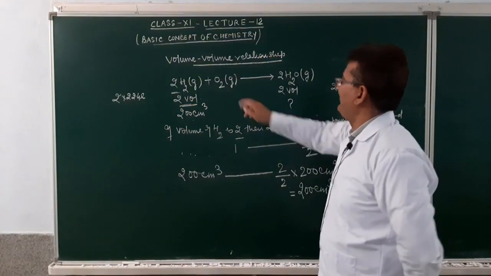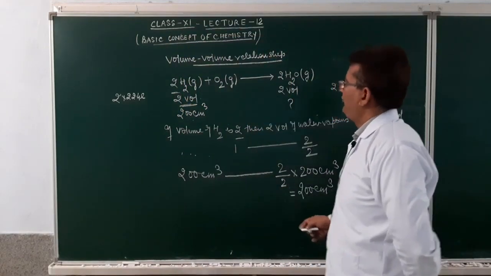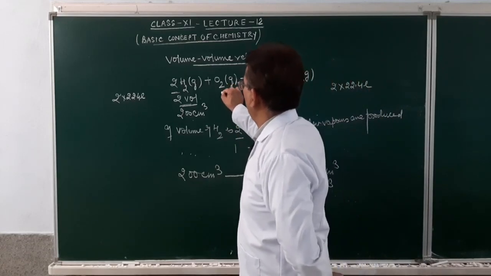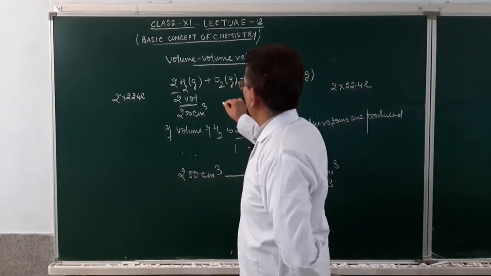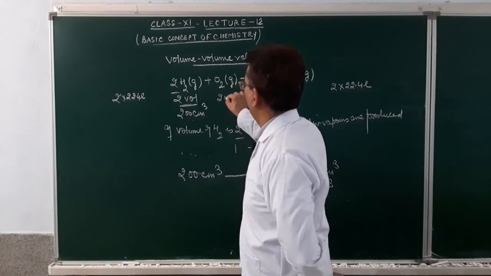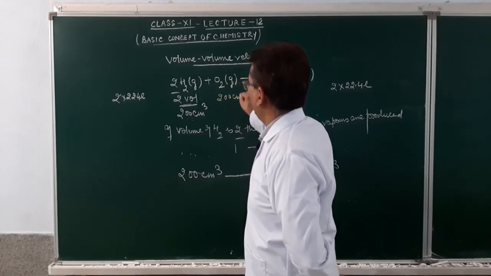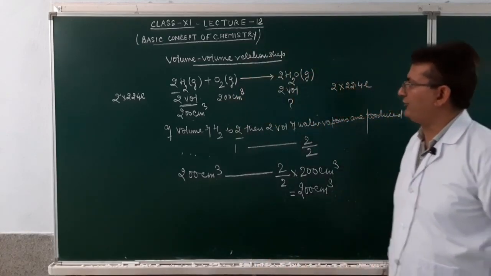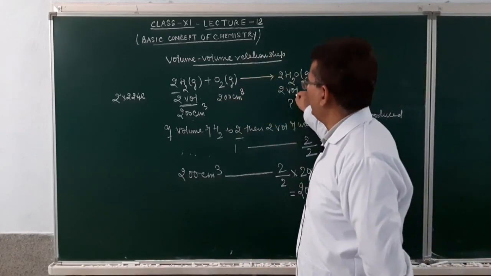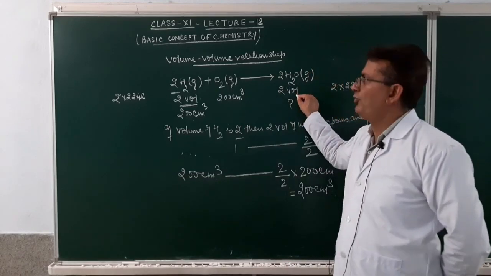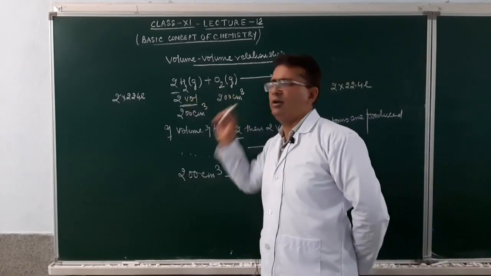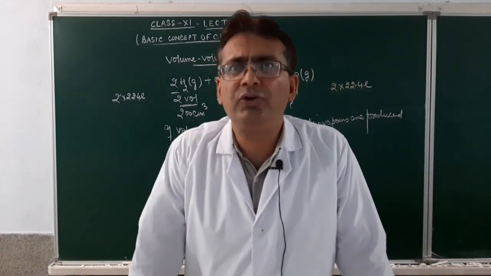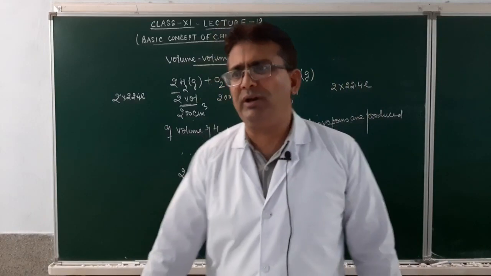As for example, in this reaction itself, suppose we are given 200 centimeter cube of oxygen also. So I will calculate the formation of water from hydrogen and oxygen, and in whichever case I obtain the smaller answer, that will be considered the right answer.